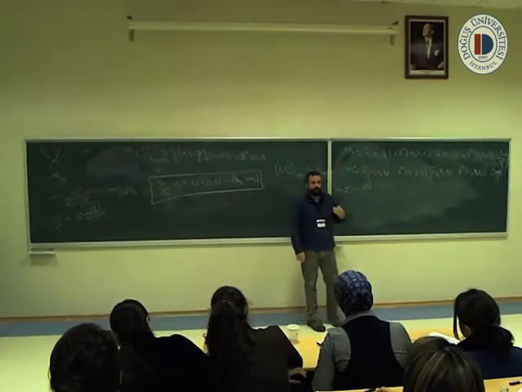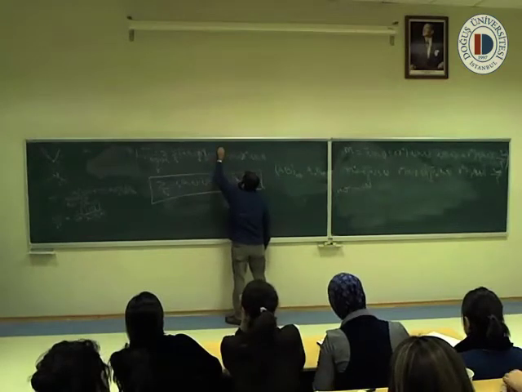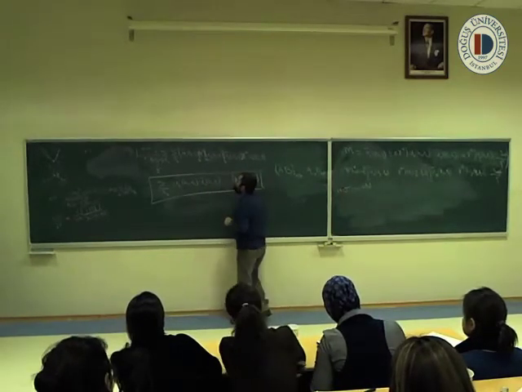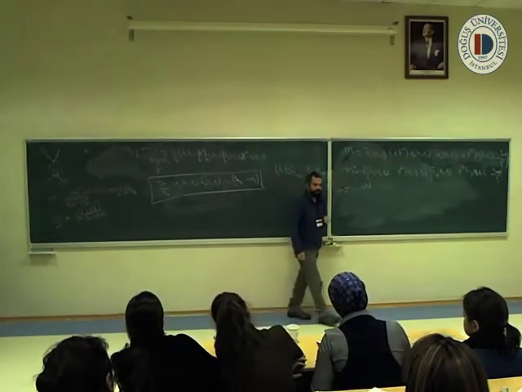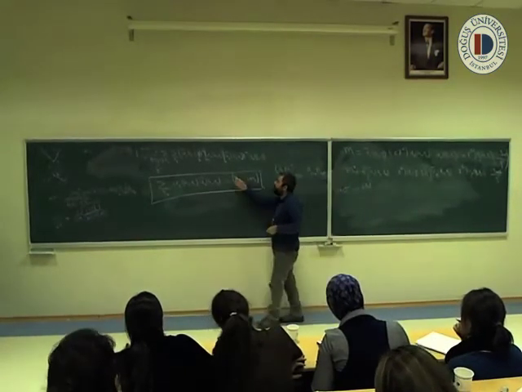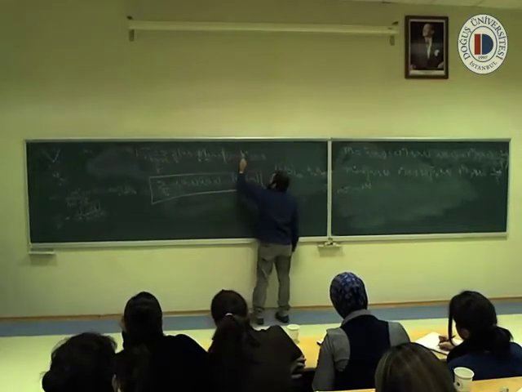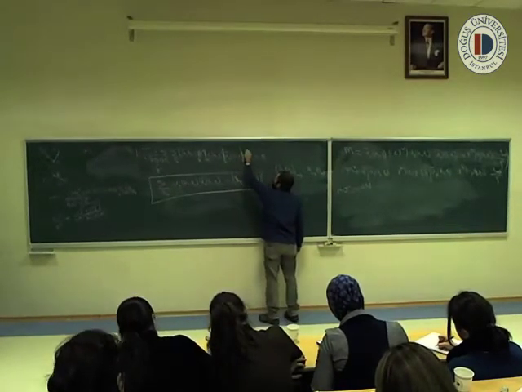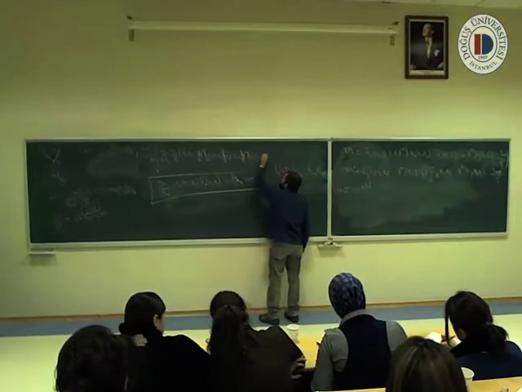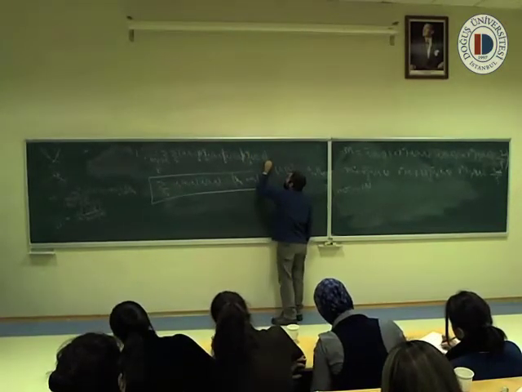Both a and b run from 1 to 4. And I take the b element of that spinor, which is a column that has 4 entries. I do the same thing here. I take the c element, the cd element, and the d element of this one.